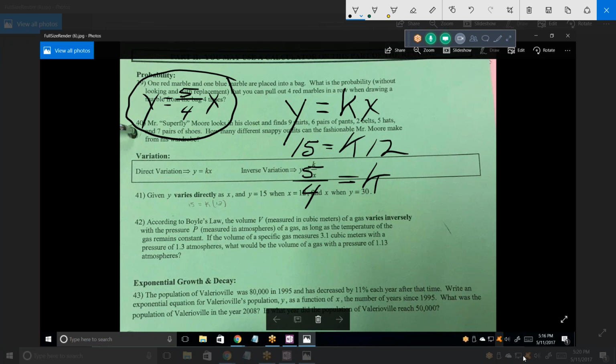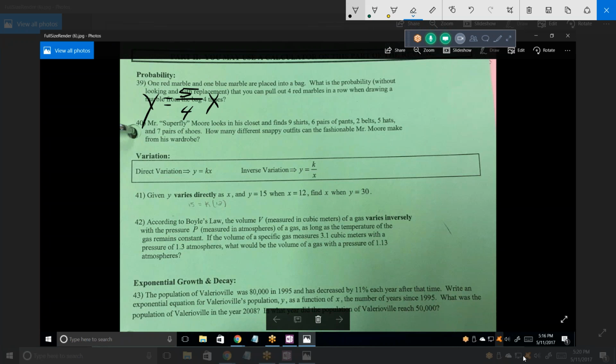And their question is, find x when y is 30. Okay, so let me erase this. Solve that equation for x when y is 30. Tell me what to write.